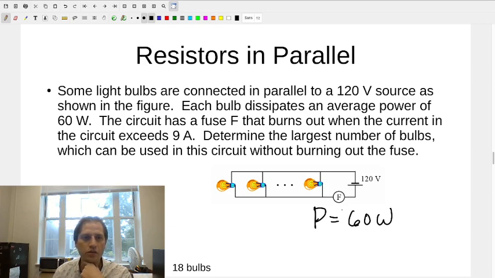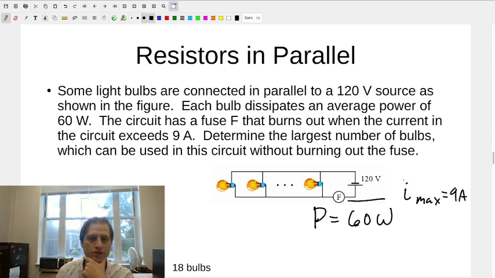The circuit has a fuse F that burns out when the current in the circuit exceeds 9 amps. So I max equals 9 amps. Determine the largest number of bulbs which can be used in this circuit without burning out the fuse.